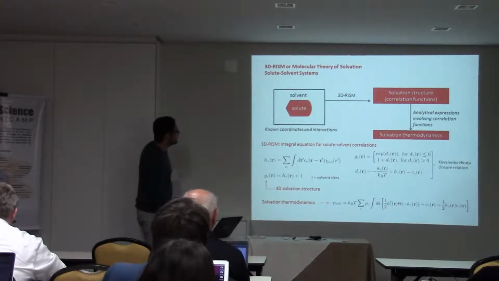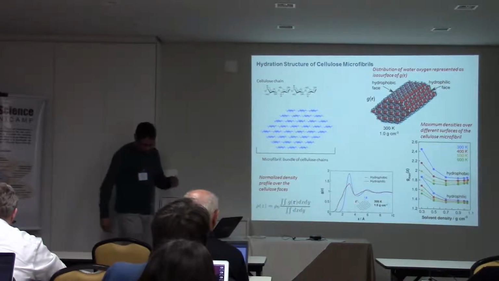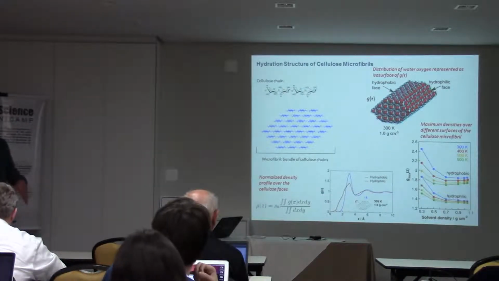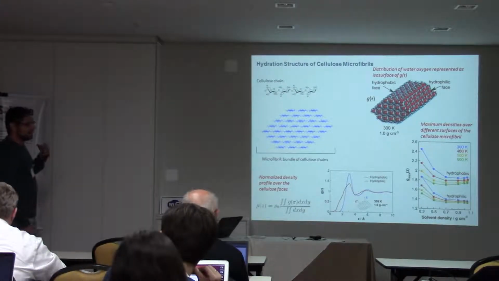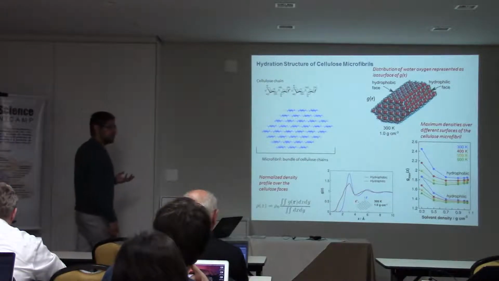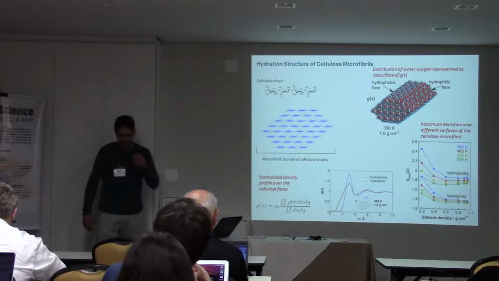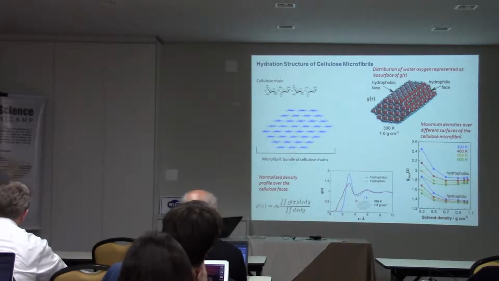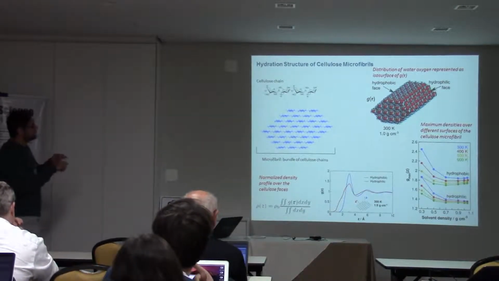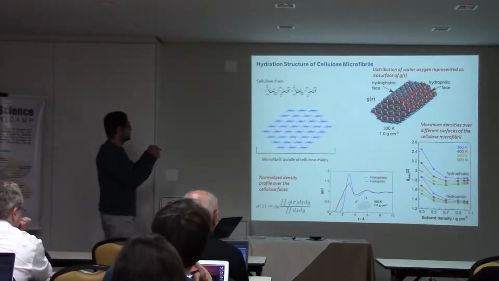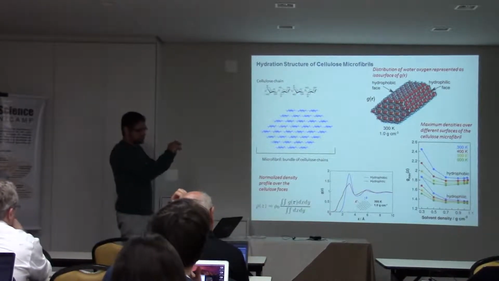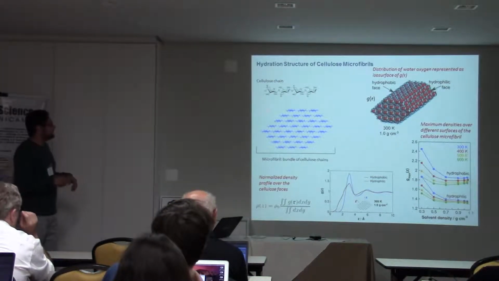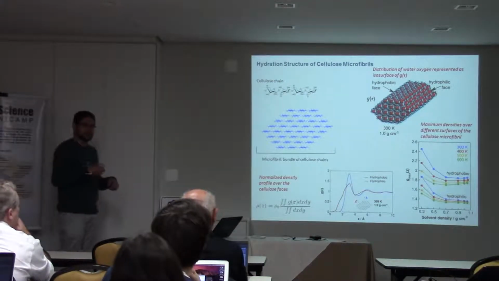I'm going to first illustrate how I can use this theory to analyze the hydration structure of water around cellulose. Cellulose is composed of chains of glucose, and these chains pack together to form fibers like this.